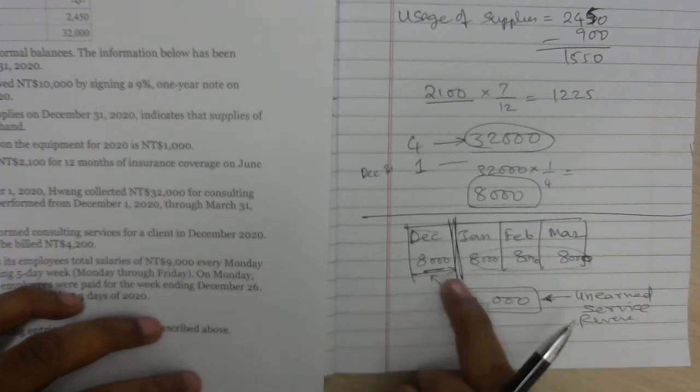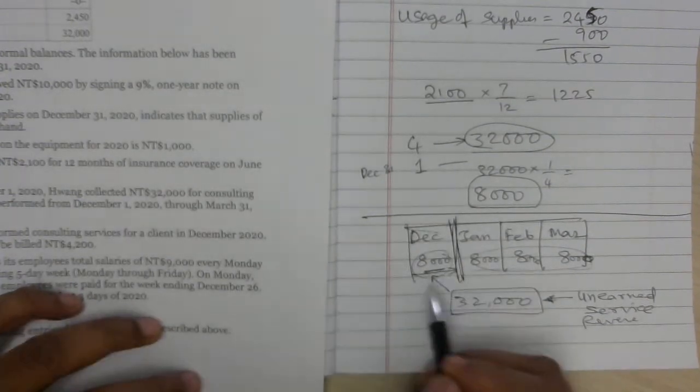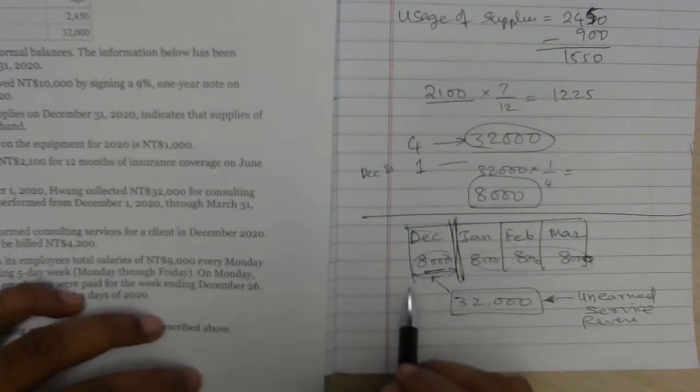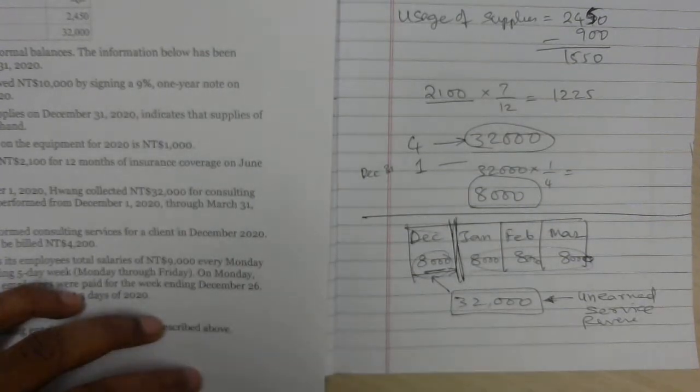Because you earned revenue of 8,000 in December, you have to show that you earned revenue. But revenue is a credit account, right?